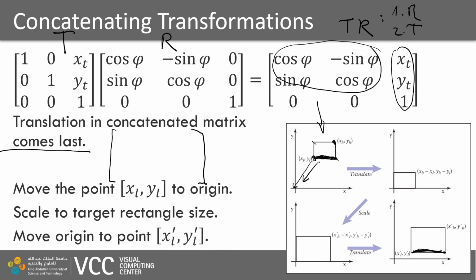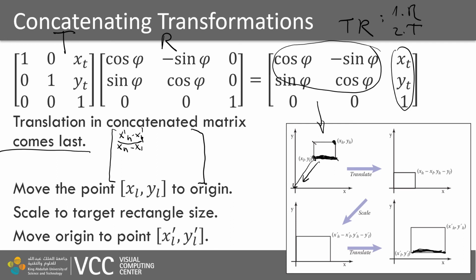So the ratio looks like X prime H minus X prime L divided by XH minus XL, right? This is the ratio by which we can scale the rectangle so that the X side gets correspondingly larger.